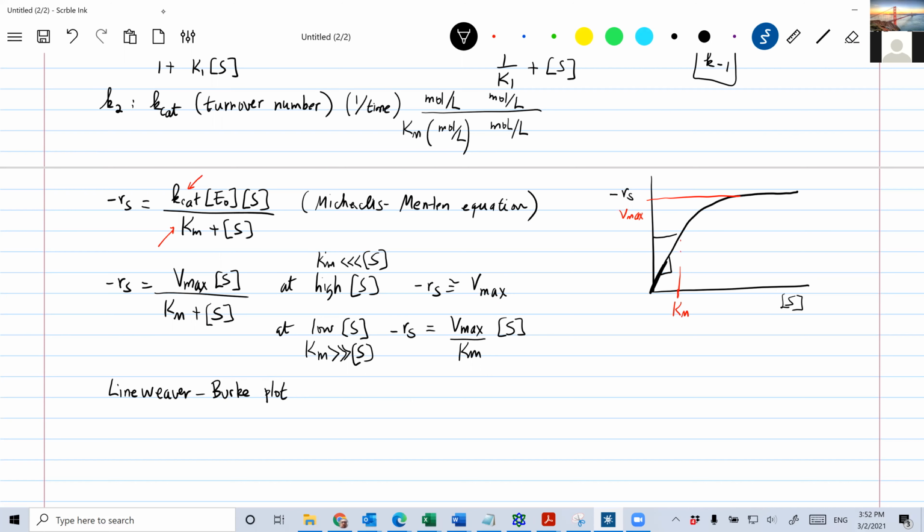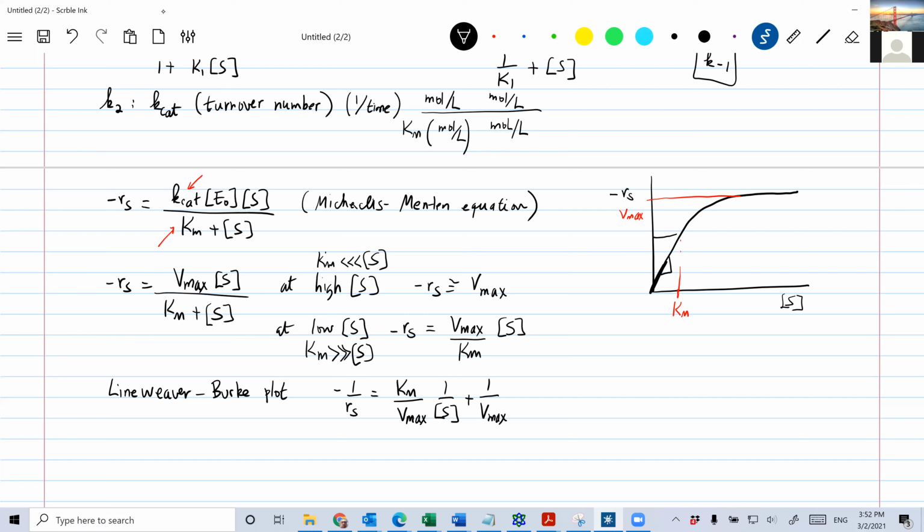Where if you take the inverse of the reaction rate, you'll have this form.